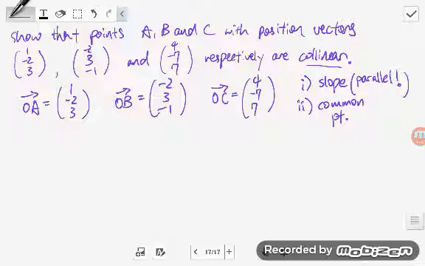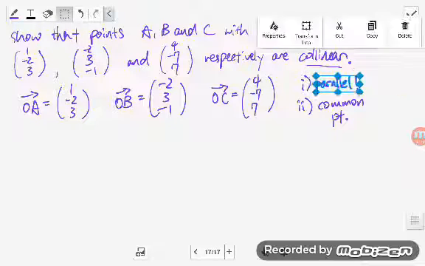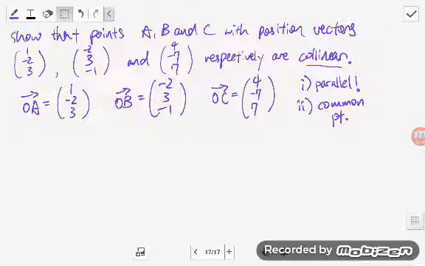Since the context is vectors, instead of talking about the slope, we'll be focusing on whether they are parallel or not. Now let's pick a point to be the common point. Let's pick point A. I'll choose A as the common point.